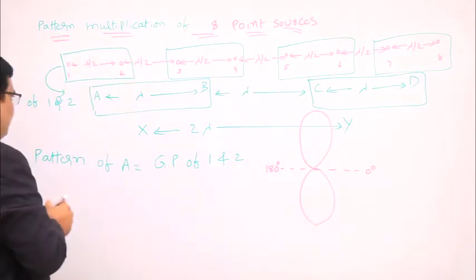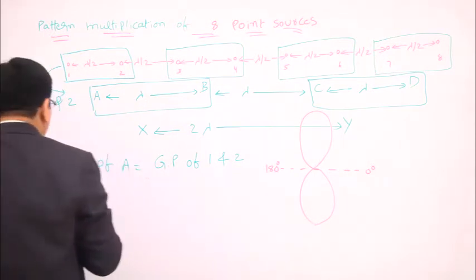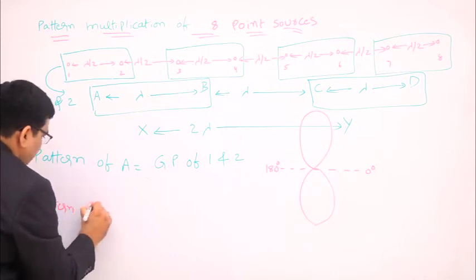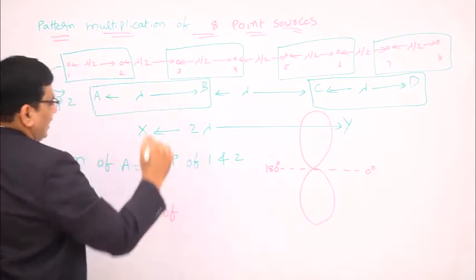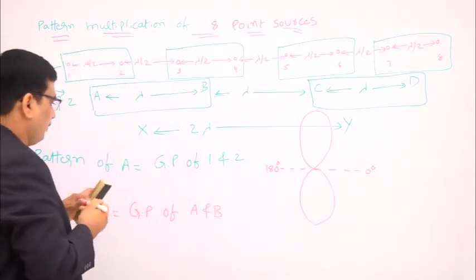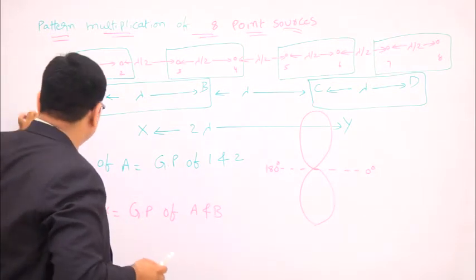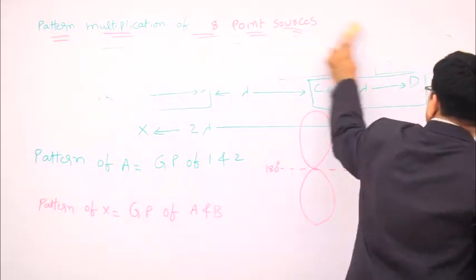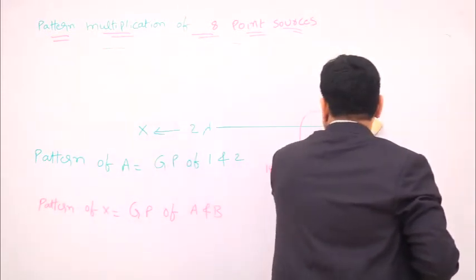The pattern of X is the group pattern of A and B. We already derived this also, where the separation between the two elements is lambda.